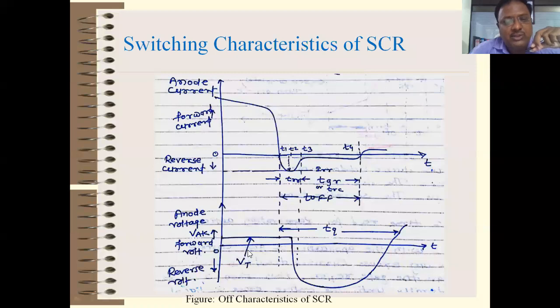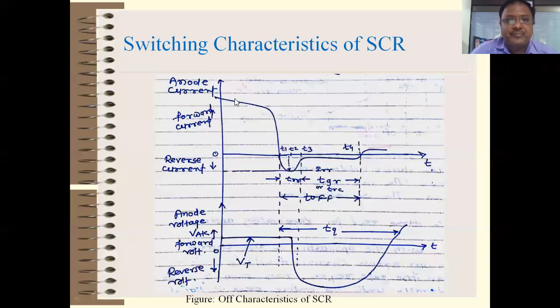See here, in the second part of the figure, when the anode current is flowing at this instant 0, the voltage applied from anode to cathode is reverse, but still anode current flows through the device. Because of that, the voltage across SCR is still equal to the on-state voltage drop.